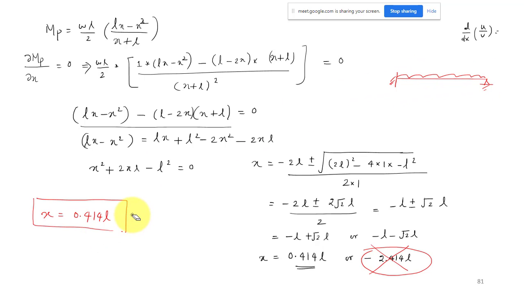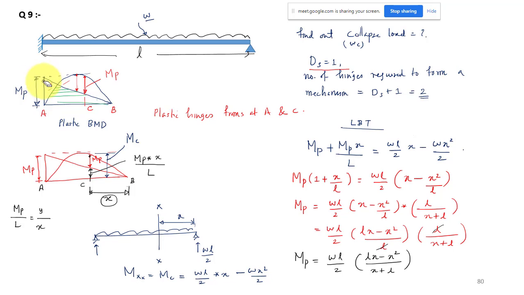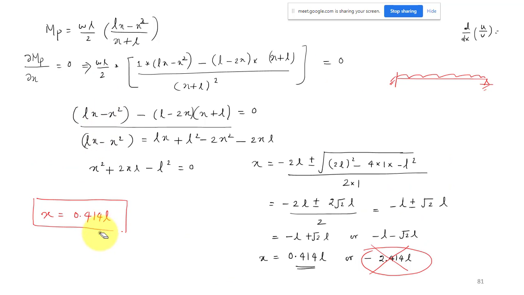So one maximum moment is there, that is your fixed end moment at the fixed support, MB, and another section having the maximum moment will be somewhere here at a distance of 0.414 L from this simply supported end. So one hinge may form here and the second hinge may be somewhere here, but that will not be at the center.